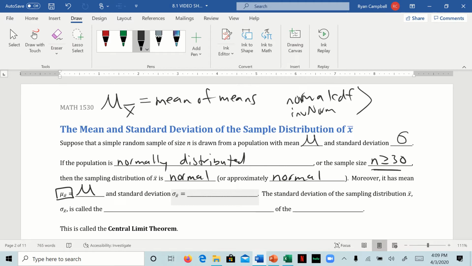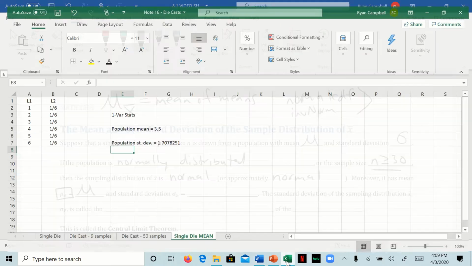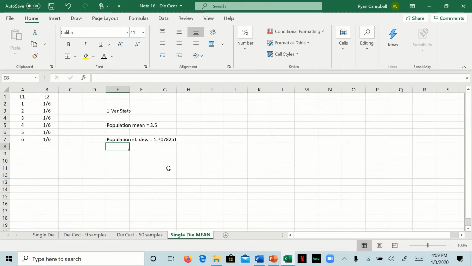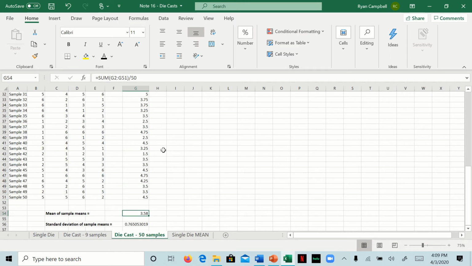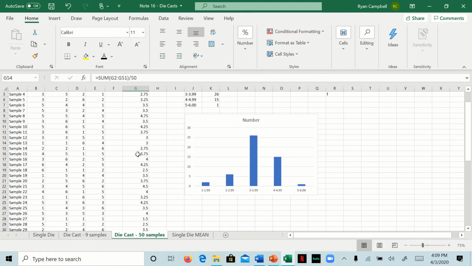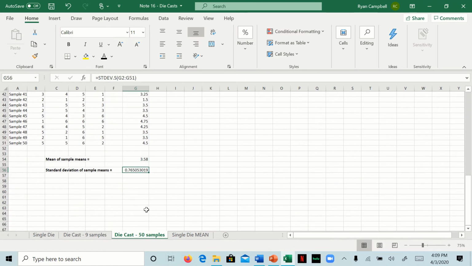All right, standard deviation. When we do a regular standard deviation, we see it's 1.707 such and such. When we do the standard deviation of all these means, though, we see it's 0.7. So that's significantly smaller. Do we see that?